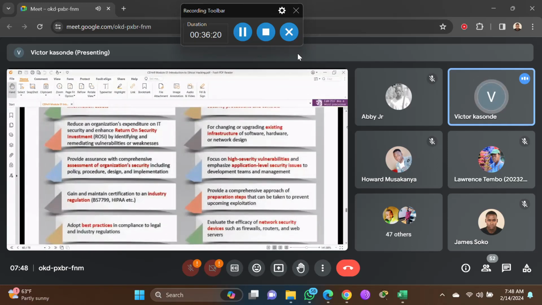You can upgrade it. Sometimes you can even upgrade the hardware and even the network design. The other one is to focus on high severity vulnerabilities and emphasize application level security issues to the development team and management.